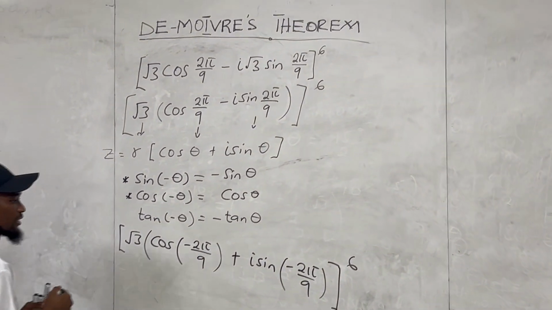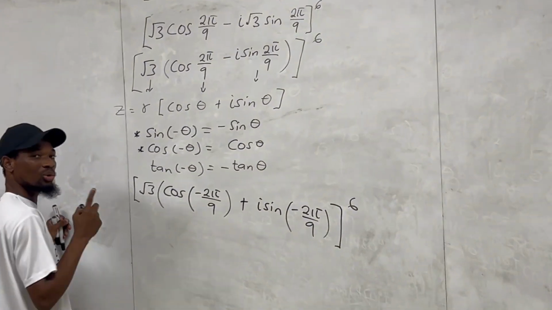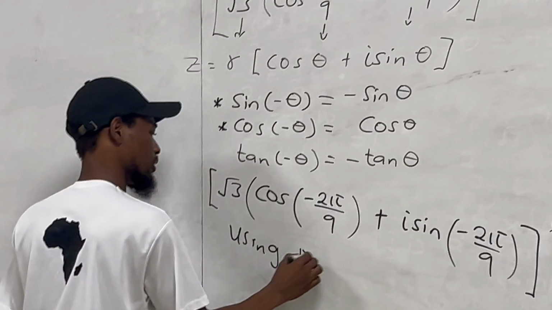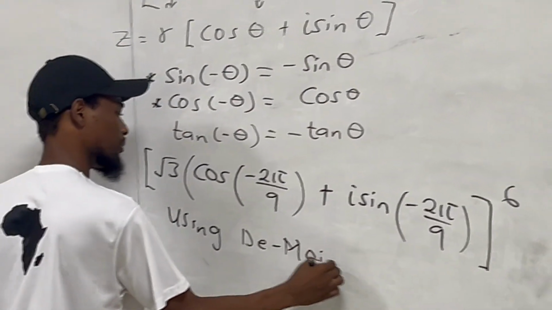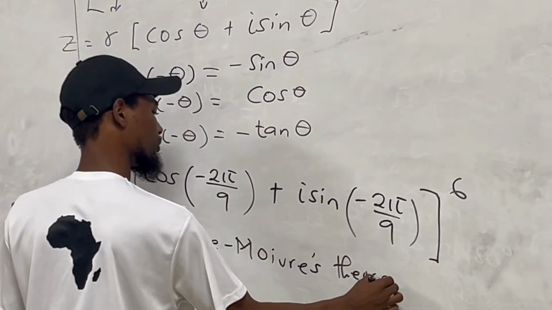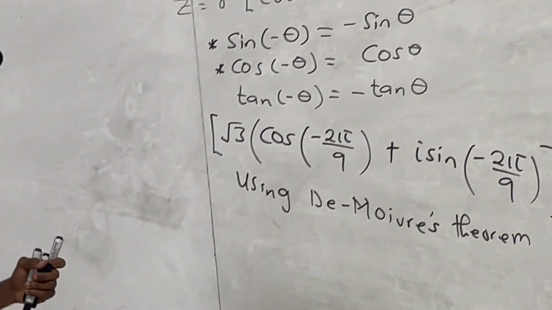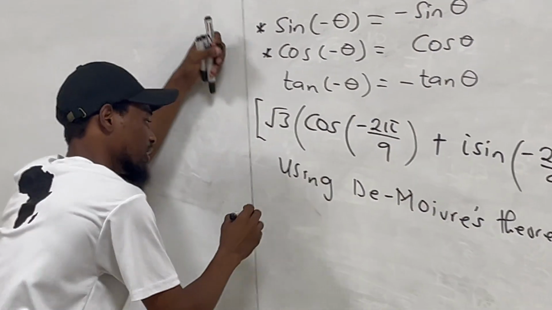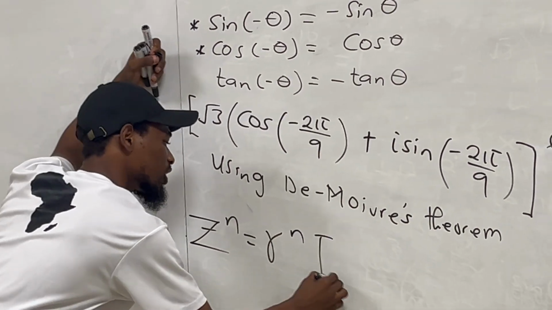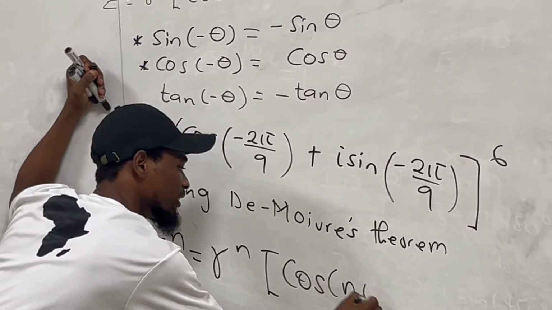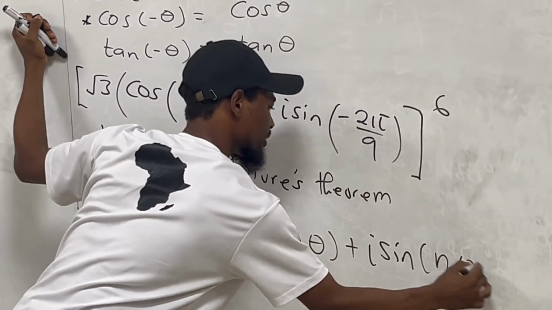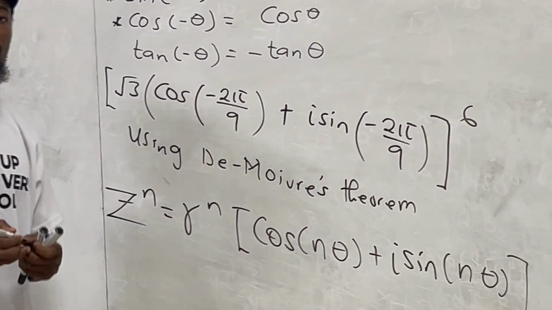So having done that, I can say that using De Moivre's theorem, you know that De Moivre's theorem says that z to the power n is equal to r to the power n multiplying cos n theta plus i sine n theta.